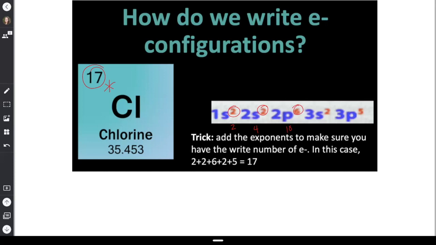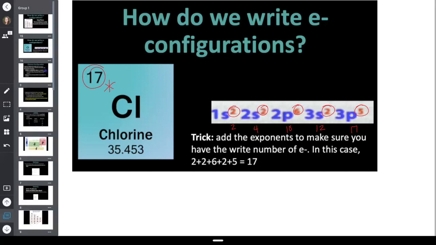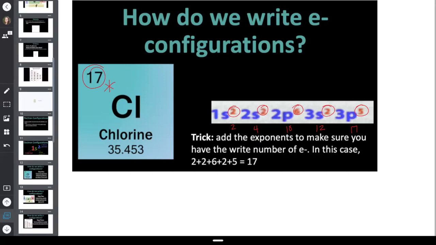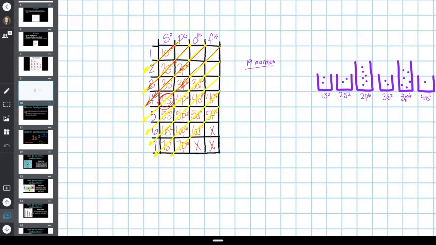After 2p6 comes 3s2, place 12. And after 3s2 comes 3p6. But if this were a 6, then I would have 18, and that's not what I want. Do I need all 6 of those? No, I only want to get to 17. So 3p5. Just like when we looked back and used our marbles, we had 4s1.